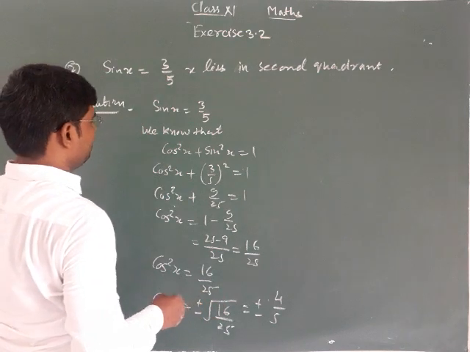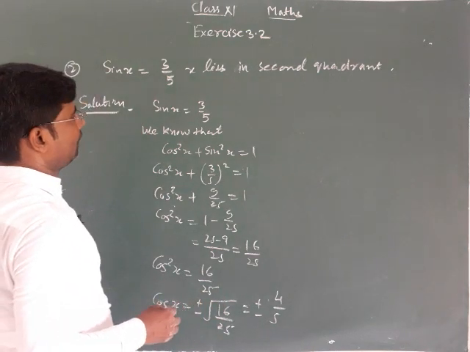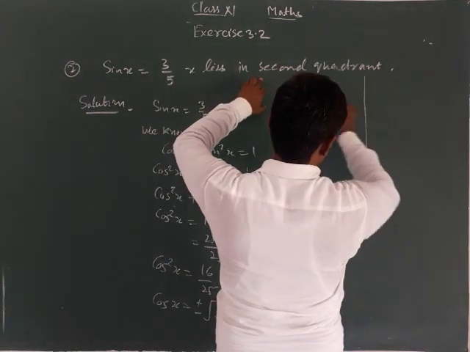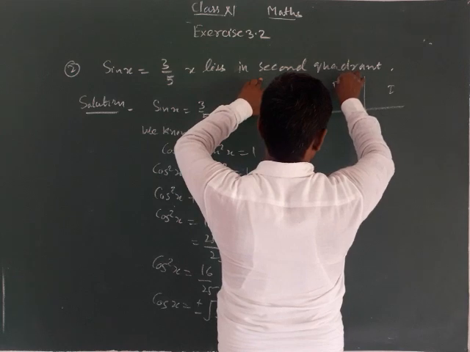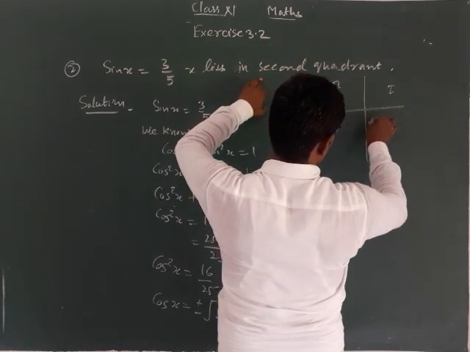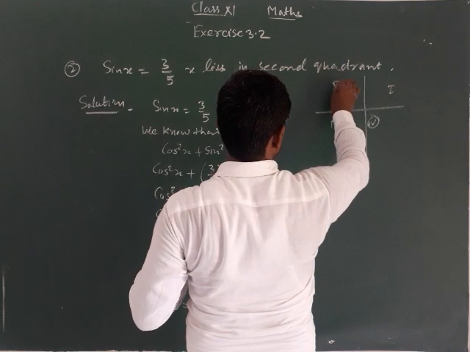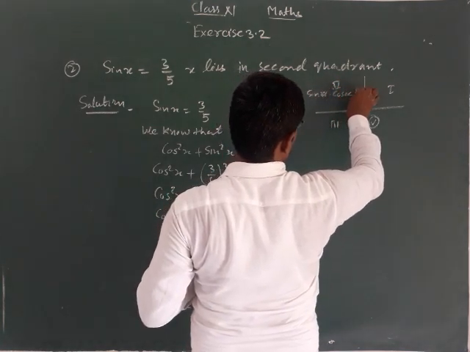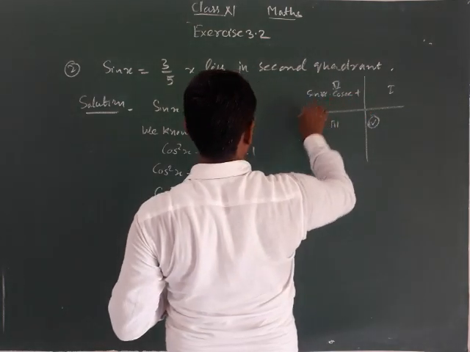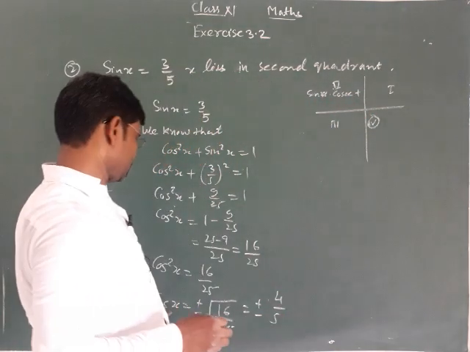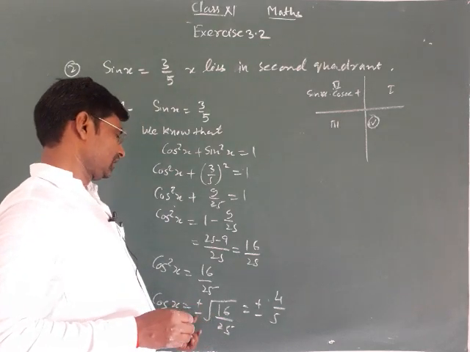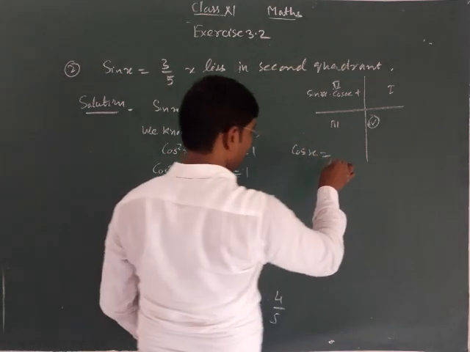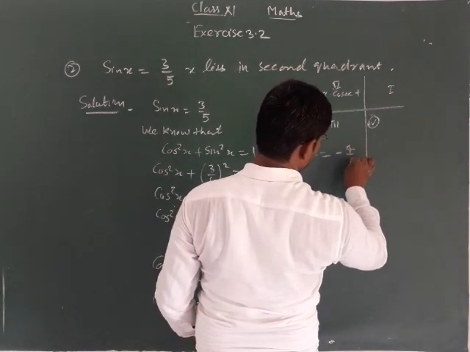Now, given that x lies in the second quadrant, this is the first quadrant, this is second, third and fourth. So sin and cosec are positive and the others negative. So cos x takes the negative value, cos x is equal to minus 4 upon 5.